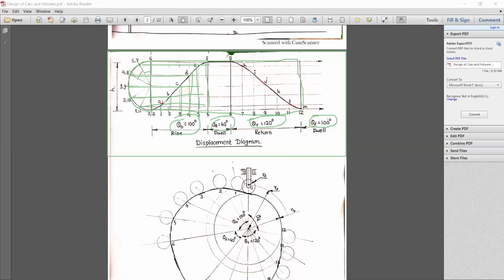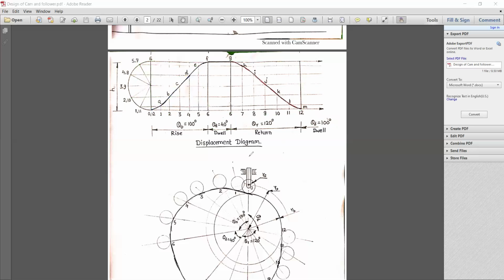Here I get point A, then point B, point C, point D, point E, and finally point F. Based on these points, I create a smooth curve. In a similar manner we have to create the returning stroke, as it is also simple harmonic motion. In a similar fashion you can create the total displacement diagram.